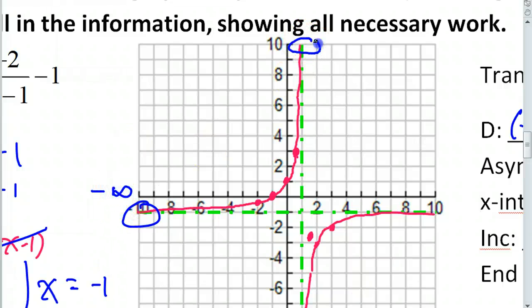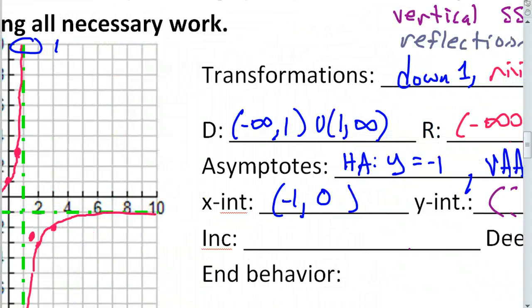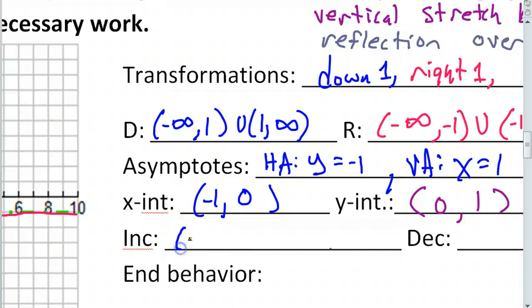The x value of this end is 1, not infinity. Does everybody understand why the x value of this side is 1? Asymptote. Oh yeah. We're reading it from left to right. So that's why we'll do negative infinity to 1 for the increasing part.